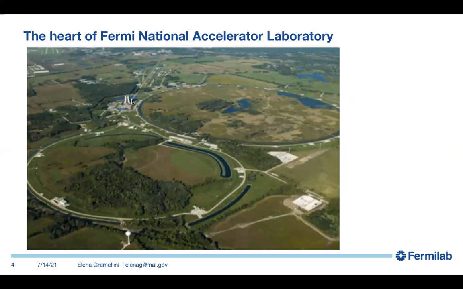This is where my office was, or is technically. So this is Wilson Hall, one of the biggest buildings around. This is the main injector. And what you're seeing here is what's left of the Tevatron, which was a collider experiment that ran until, I think, 2011.